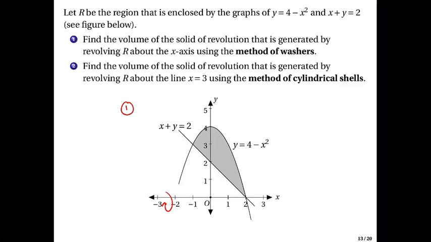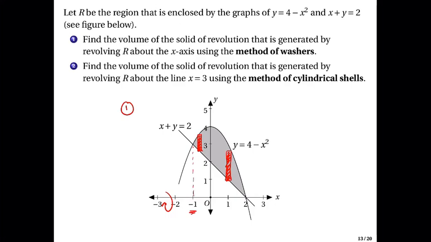So remember, when we use the method of washers, the rectangular strips that we are going to consider should be perpendicular to the axis of revolution. So in here, the axis of revolution, it's the x-axis here, which is horizontal. So we need to get vertical rectangular strips.